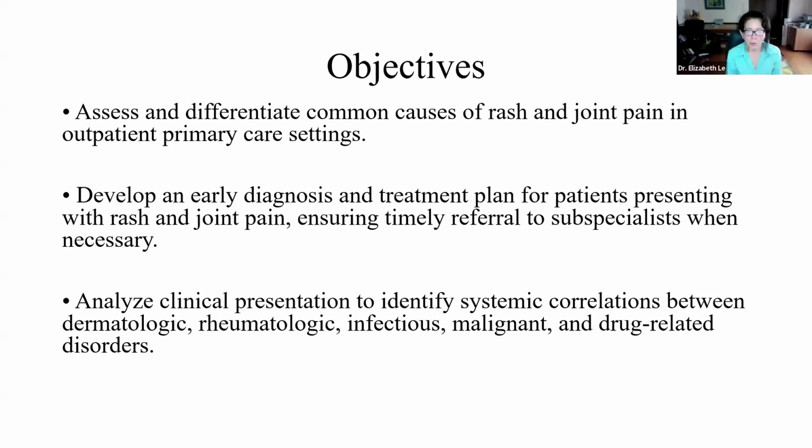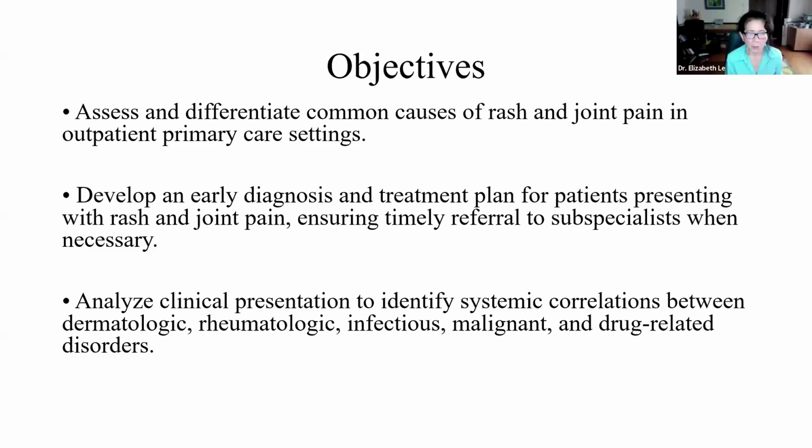This course is very interesting because after you complete it, you'll be able to assess and differentiate common causes of a rash and joint pain in the outpatient primary care setting. Especially when you are on the front lines, having to see so many patients a day, it is important for you to recognize these cases.